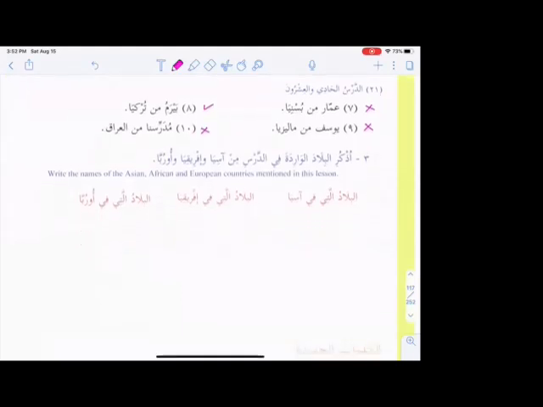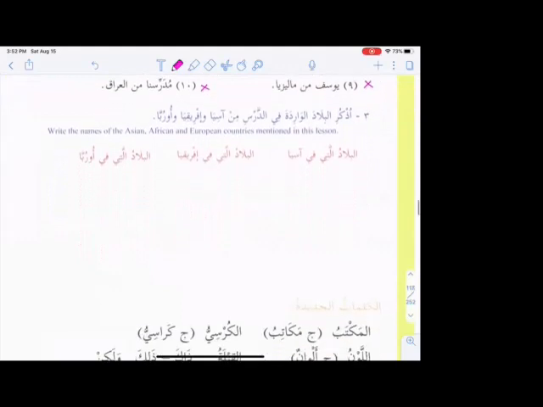Now, you will also have to write down here the European country mentioned in the lesson. Al-Yabanu? No, this tests our knowledge of history and geography.